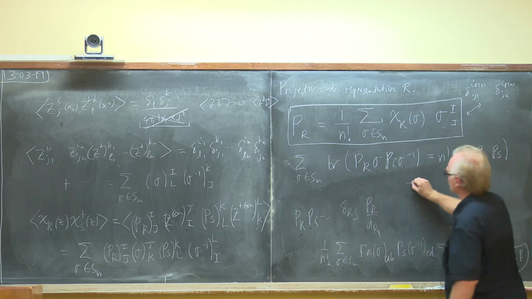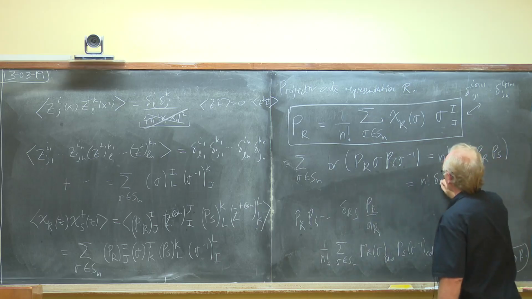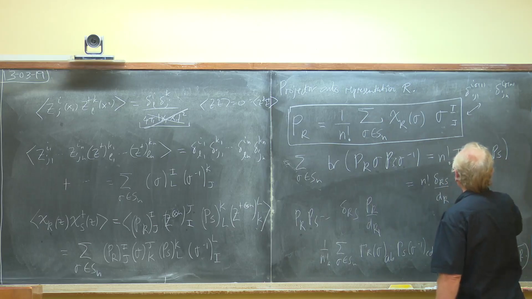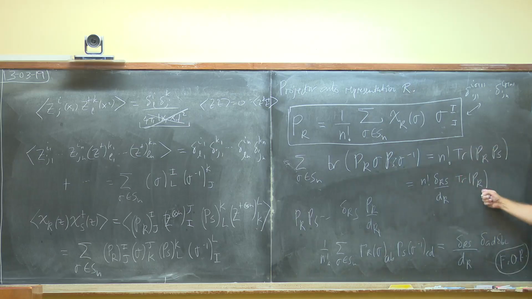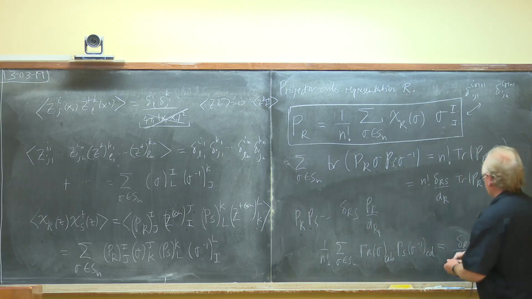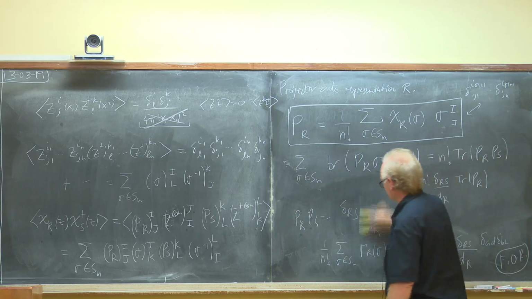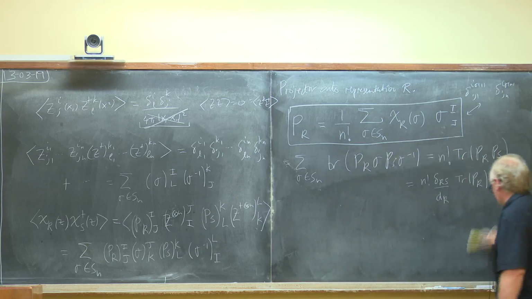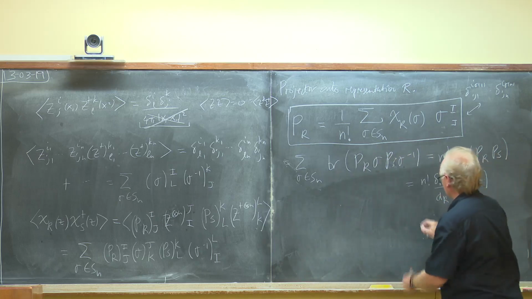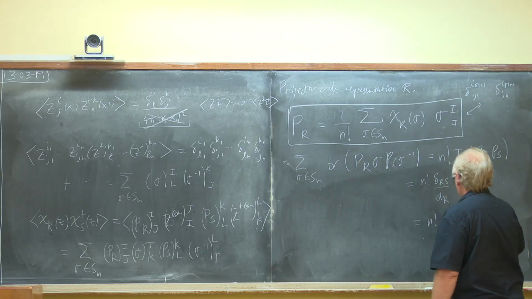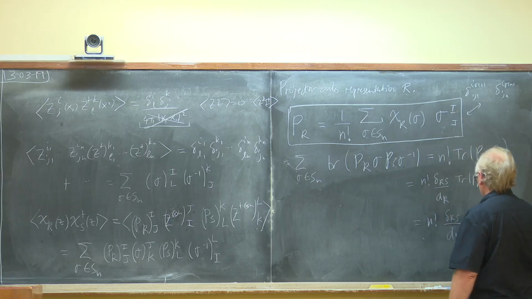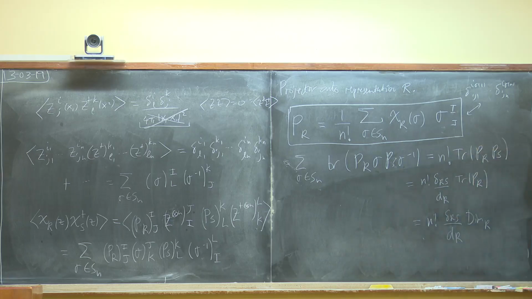So this formula over here is now n factorial delta RS over d_R times the trace of P_R. But we know what the trace of P_R is because we just calculate it from the character. So this is equal to n factorial delta RS over d_R times the dimension of the symmetric group representation R.